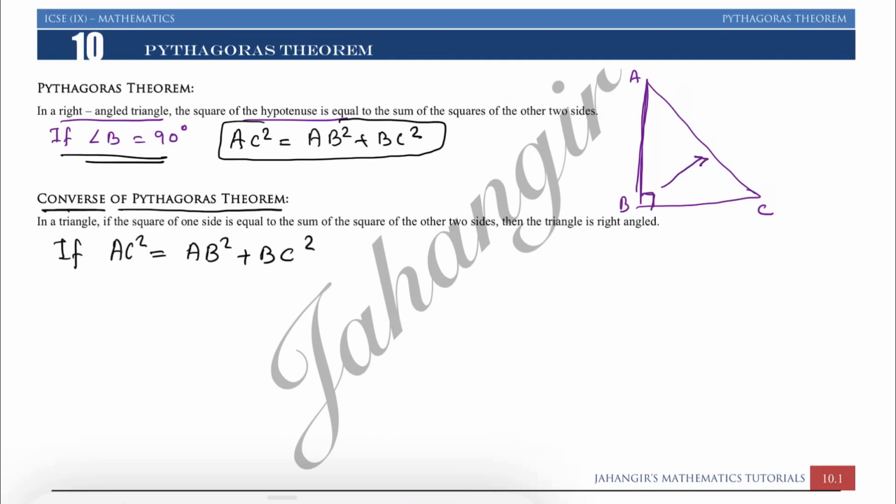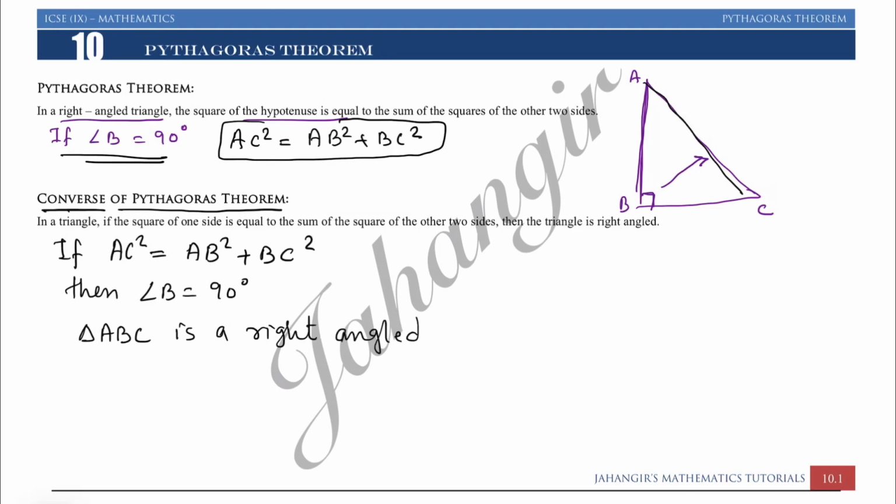We have to show that it is a right angle. So if AC square is equal to AB square plus BC square, then I can say angle B is equal to 90 degree, or we can say triangle ABC is a right angled triangle.